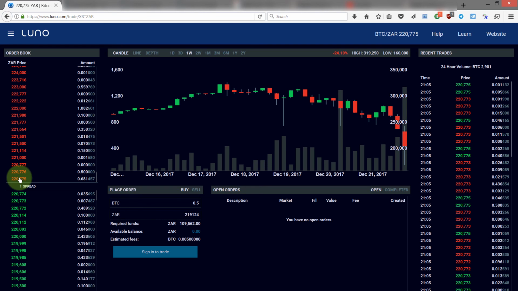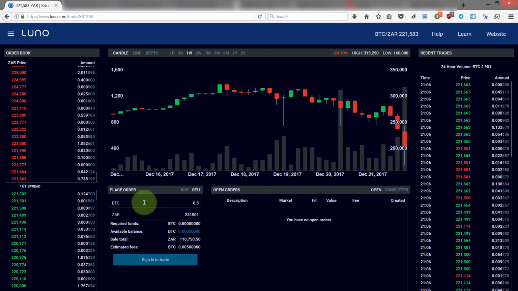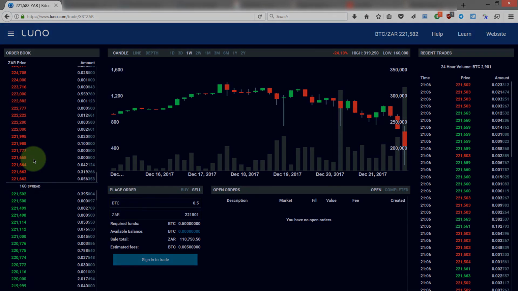All they do is facilitate transactions between buyers and sellers. You can either buy using the instant buy or coming onto the exchange and click in buy now or sell now, or you can decide on a price you want to buy or sell at and put that order into the order book and wait for someone to come and fill that order.